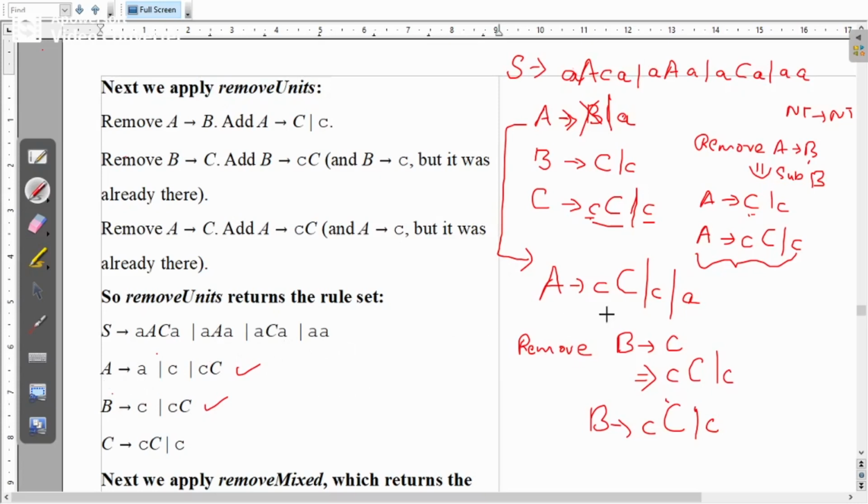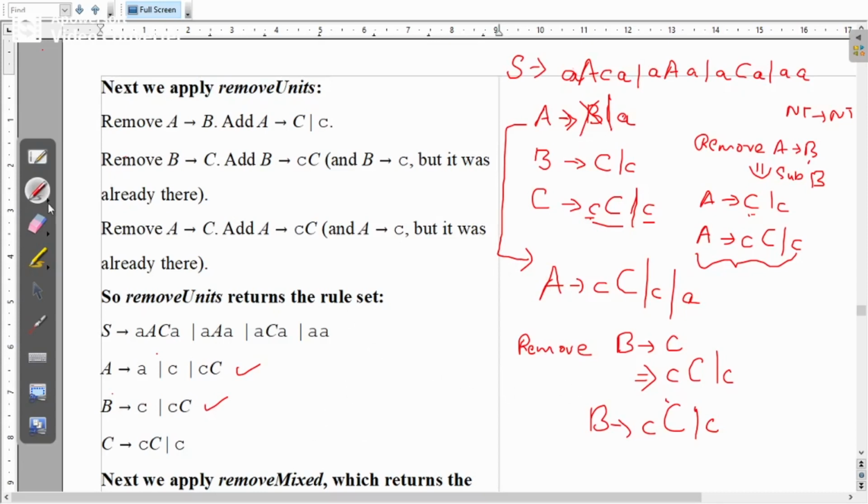Second rule I have added like this: A gives C or C or A. And the third rule I have changed to this: B gives C or C. And in the fourth rule, that is of C, there is no change. I have written it as it is. Okay. So this is about the unit production.